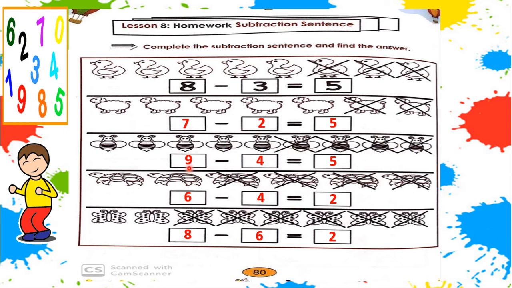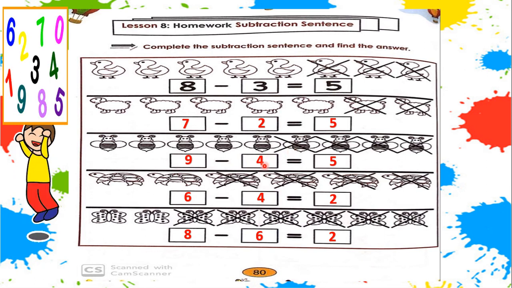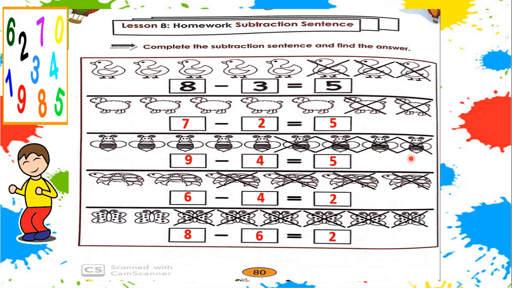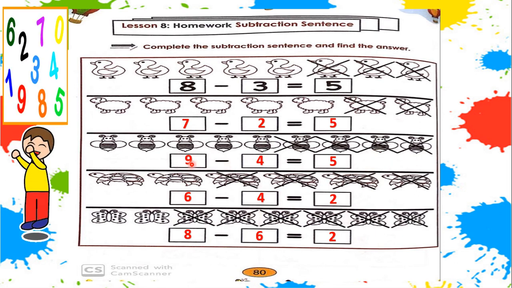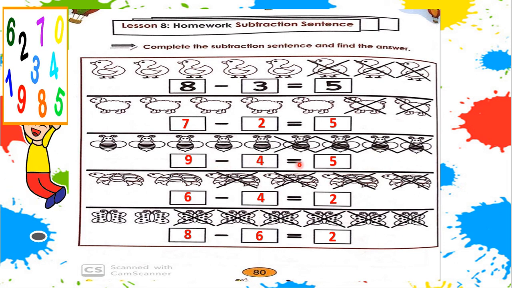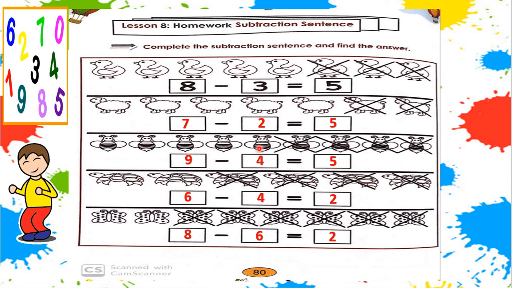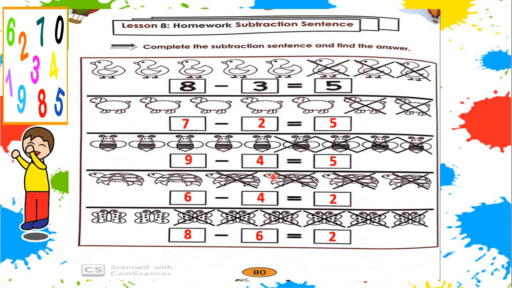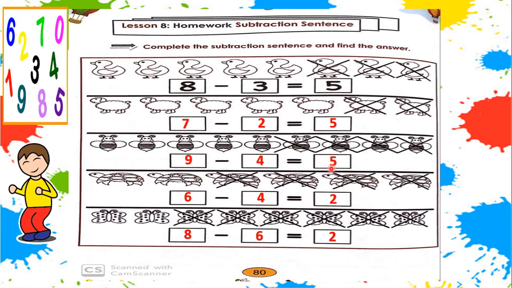So you have here 9 minus, we take away 4. So you have 4 X's. 1, 2, 3, 4. So 9 minus 4 equals 5. So 5 B's are left. So 1, 2, 3, 4, 5. So you have here 5 as your answer.